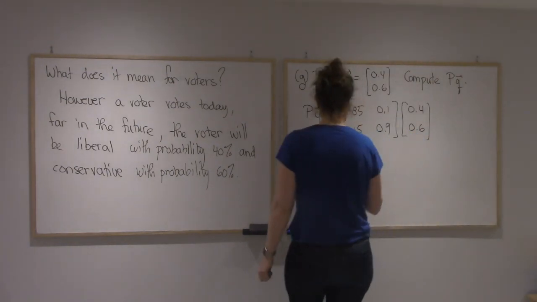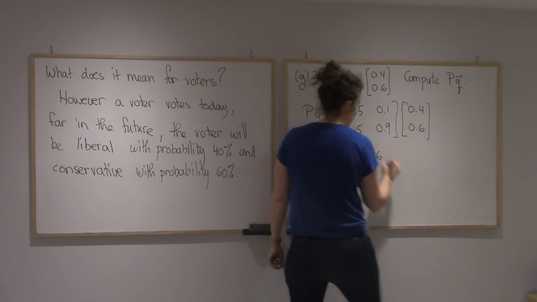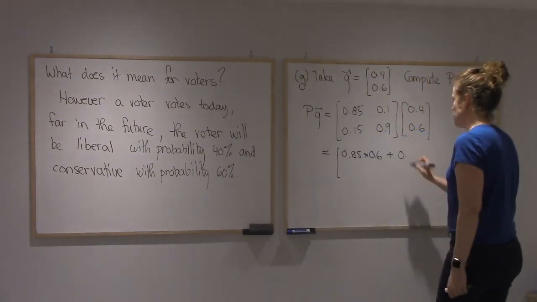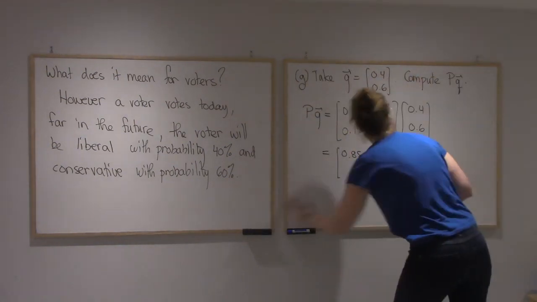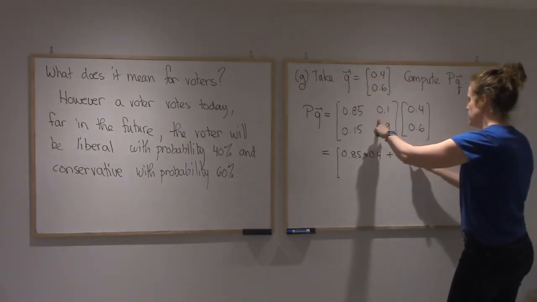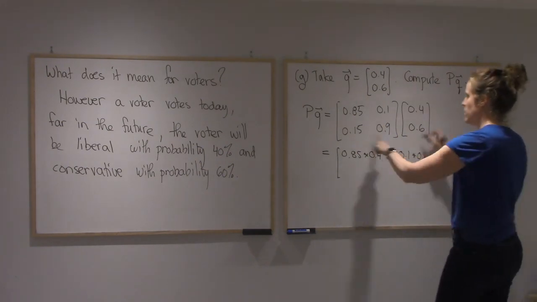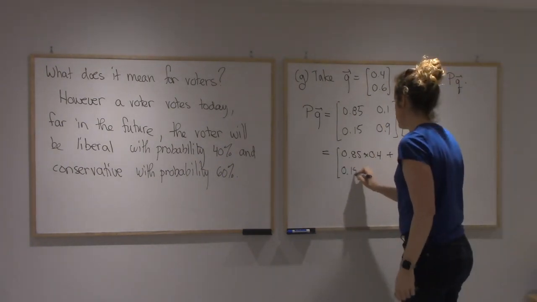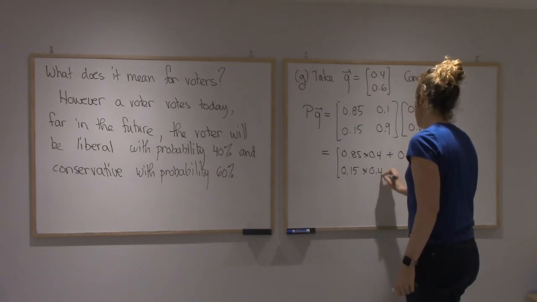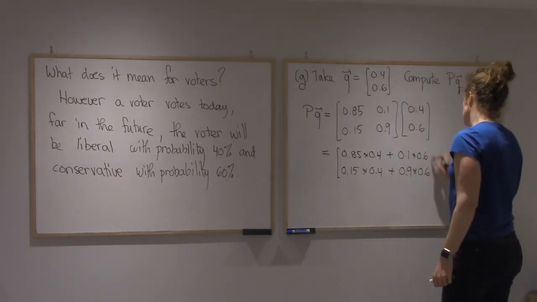So what I'll get is 0.85 times 0.4 plus 0.1 times 0.6, and then in the bottom, 0.15 times 0.4 plus 0.9 times 0.6.